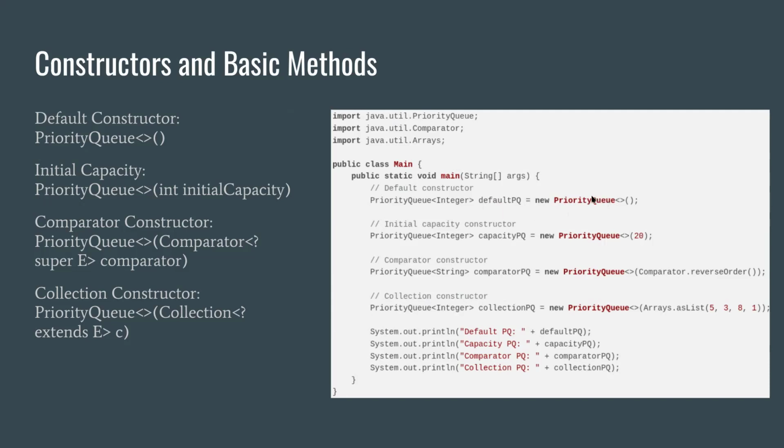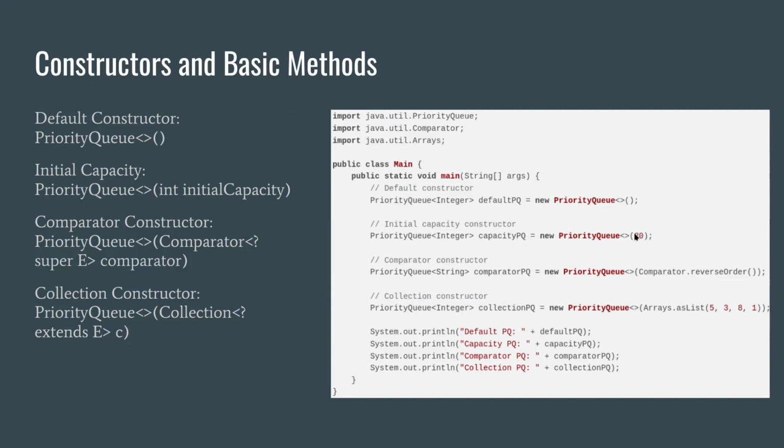And if we call the constructor priority queue and provide the value, this is initial capacity. So we can specify the initial capacity of the queue.